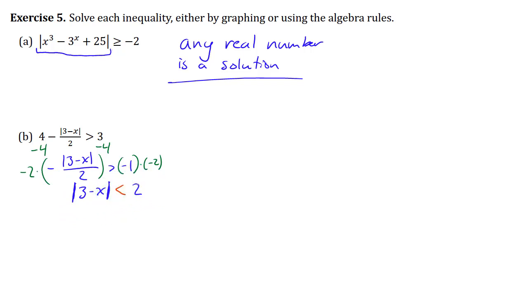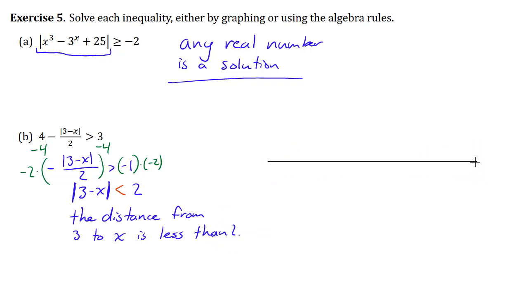So this is one where you want to think about it as distance. This says the distance from 3 to x is less than 2. So let's draw that on a number line. If we're saying the distance from 3 to x, let's look at the distance from 3 to x.